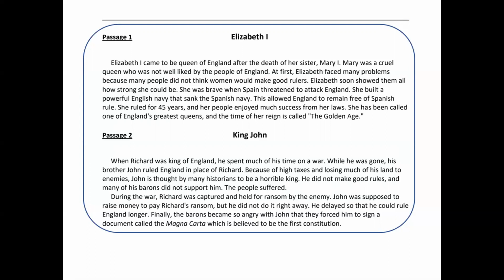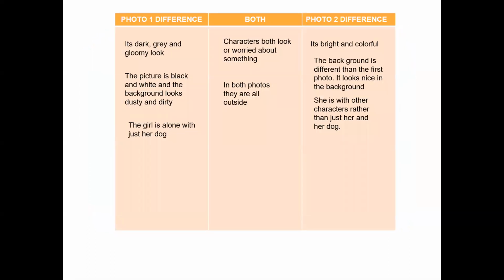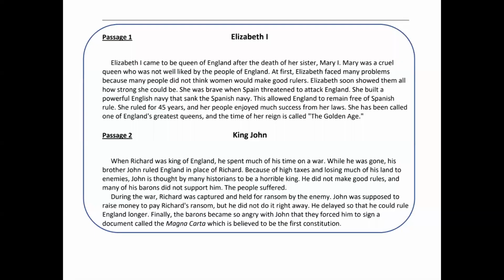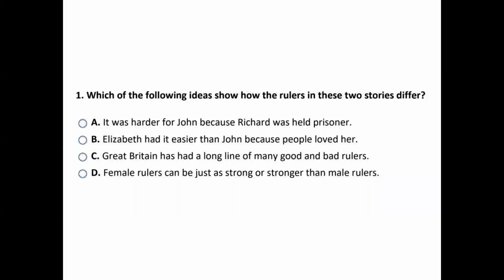Once you read these two, you're going to be using this same sort of chart to analyze and break down their differences and how they are similar, so that we can talk about that in our class meeting on Friday, as well as analyze it and make some inferences and talk about what that may mean in the story, so that you can then answer the question that goes with that.